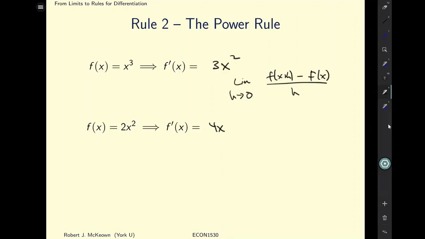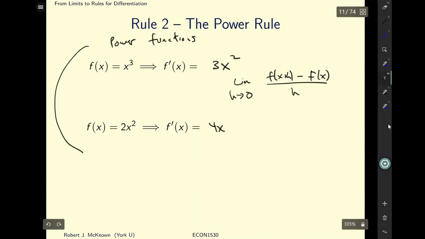Now, if we took a whole bunch of similar functions, a whole bunch of similar power functions, right? What do we mean by a power function? We mean that the base x is changing while the exponent is constant.